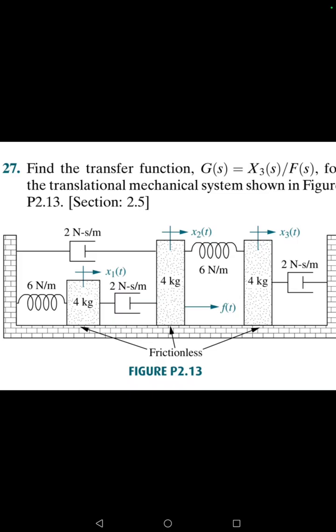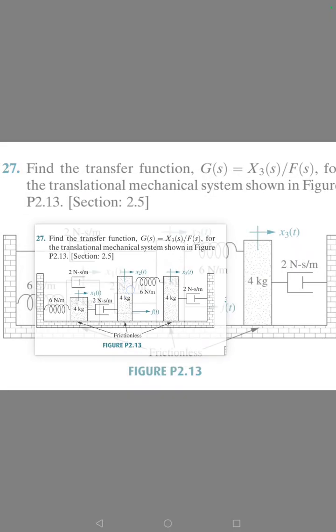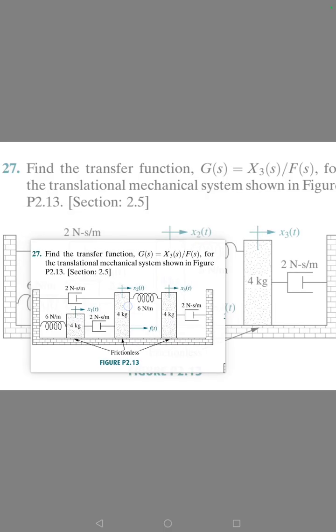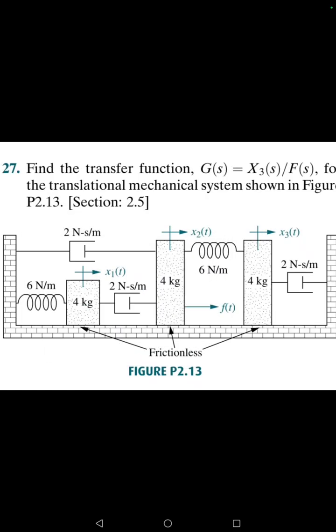If we pull it to the right, this damper is going to oppose, it's going to go to the left. Also remember this damper is also connected to x1, so when we pull it, the x1 is going to move with the mass to the right, and then the x2 one is going to be opposing this damper. And then the top damper is going to move together with what?